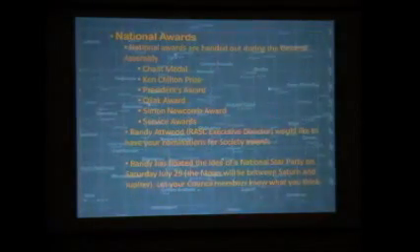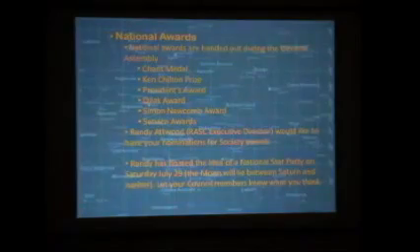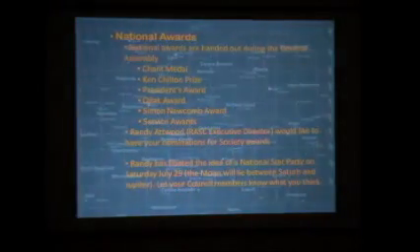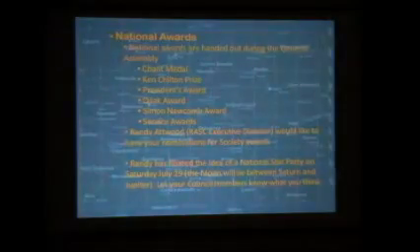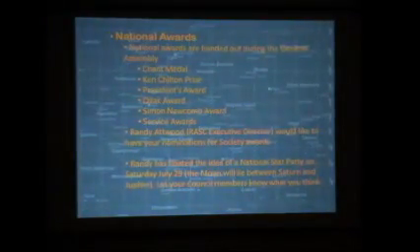National awards, they're still soliciting nominations for national awards. I mentioned this last time, and the deadline for that is getting pretty close now. I noticed the new issue of the journal that came today is still advertising for nominations.